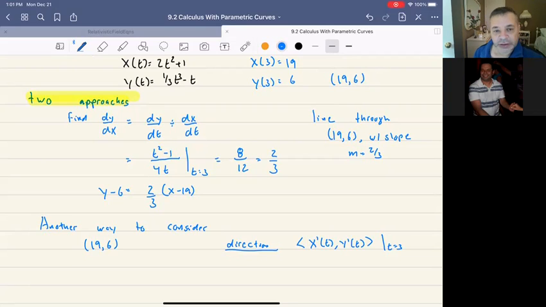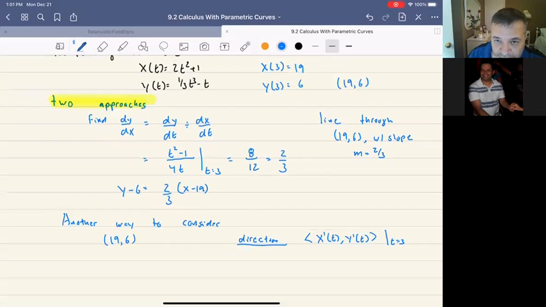The derivative of x is 4t. The derivative of y is t² minus 1. At t equals 3, that's going to be 12, 8 again.